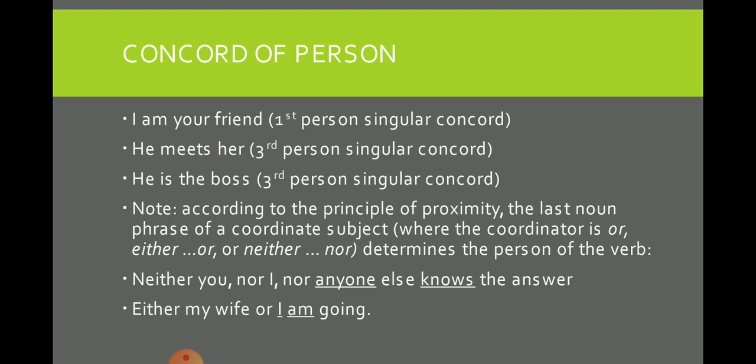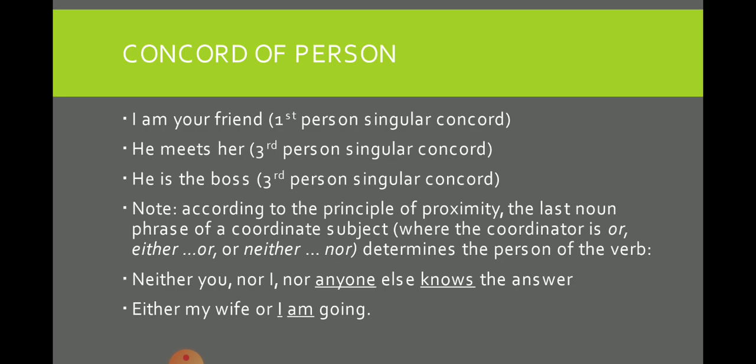Note, according to the principle of proximity, the last noun phrase of a coordinate subject, where the coordinator is or, either or, neither nor, determines the person of the verb. So not only with either or do we decide the number, but also the person.